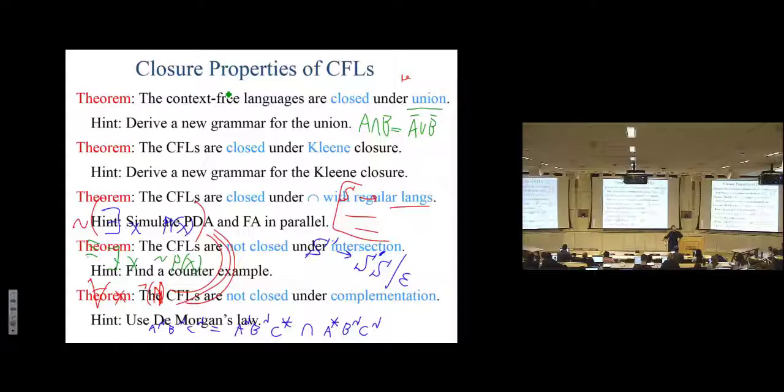How many understand this argument beginning to end? Okay. You want to ask me questions? It's important. Okay. So how many people buy this identity as true, the green one? Good. But what does it say? It says that the intersection of two things is the complement of the union of their complements. That's what it says. Union preserves context freeness.